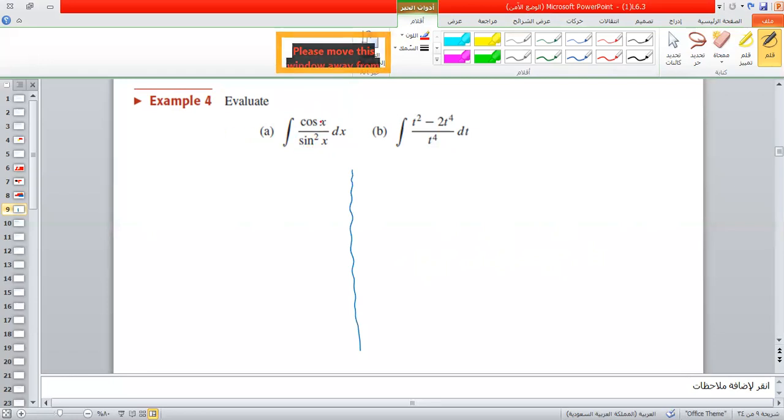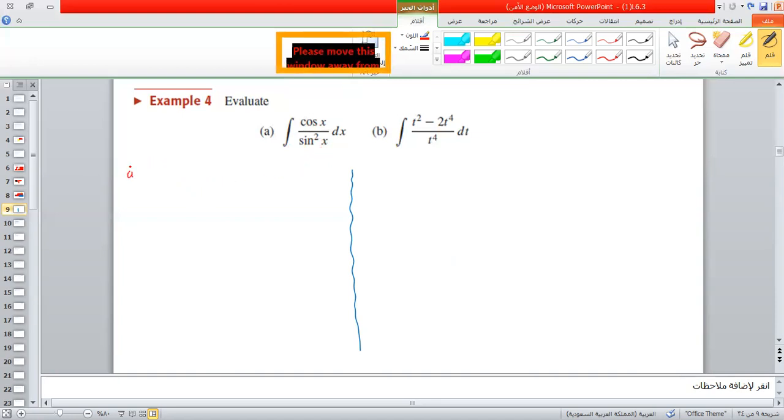First of all, we don't have any way to integrate the quotient. In differentiation, we used the quotient rule and the product rule, but here we will not be able to do it. You have to work first on the function you have, cosine x over sine squared x.